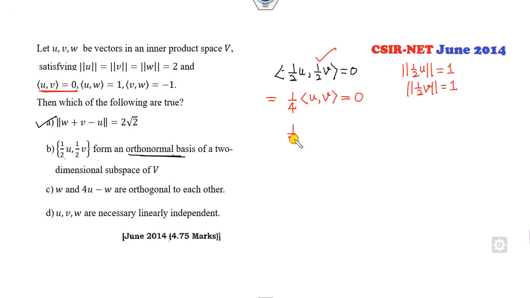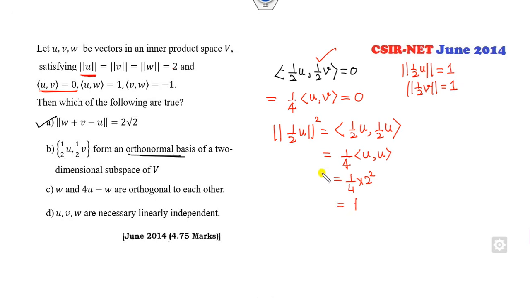Look at this one, half of u. Fine. So this is 1 by 4 outside, u and u. What is u and u? U square, which is 2 square. This is 4 by 4, which is 1. So the norm of u is 1. Satisfied. Again this is also satisfied because it's v comma v. It is 2. So it's all satisfied.